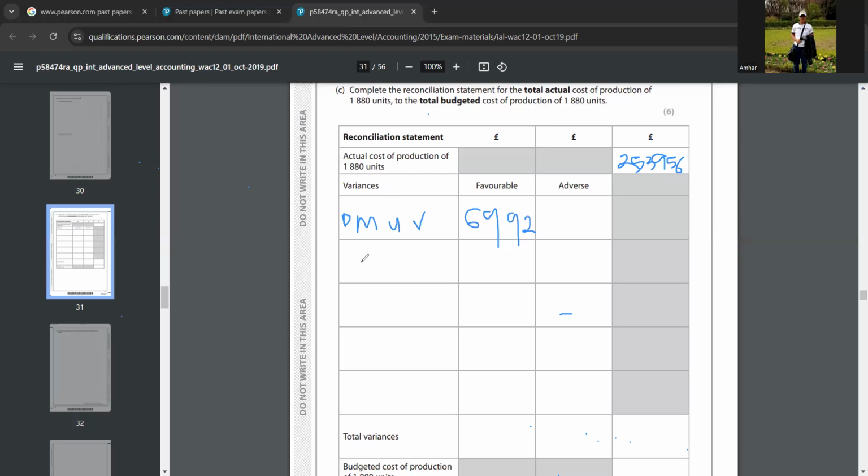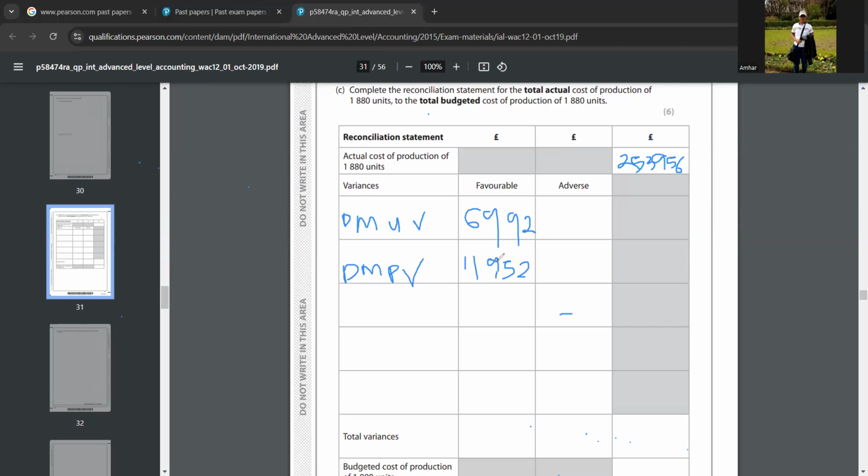Now the second one that we found is direct material price variance. What's the value you got for price variance? 11,952 favorable. Same thing, you have to write it here: 11,952. So after this, is that all, or do you have more?